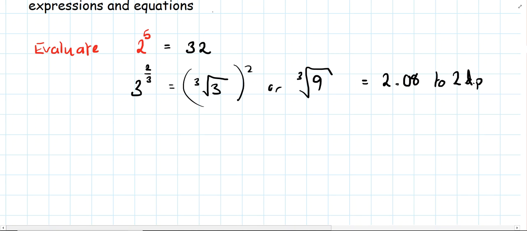Right, so what we've been working on, the exponent stuff, is just simplifying, being able to write them in different forms. But what we're actually going to look at now is slightly different.